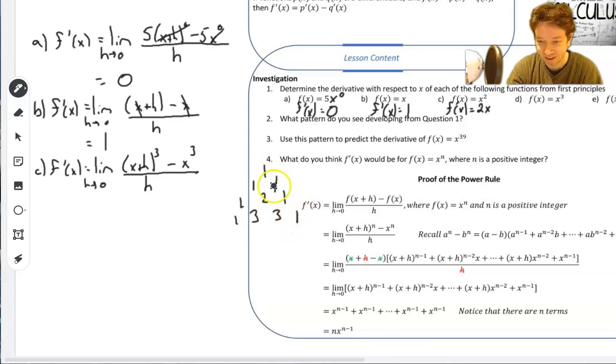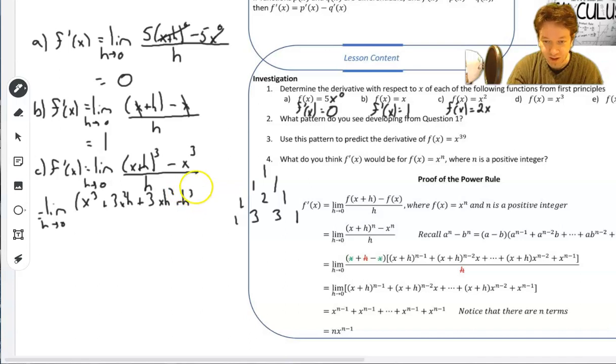So that's x to the 0, 1, 2, 3. So that last row is what we care about. So this will equal the limit as h approaches 0 of what we have, x cubed plus 3x squared h plus 3xh squared plus h cubed, okay, and then minus another x cubed here, all over h.